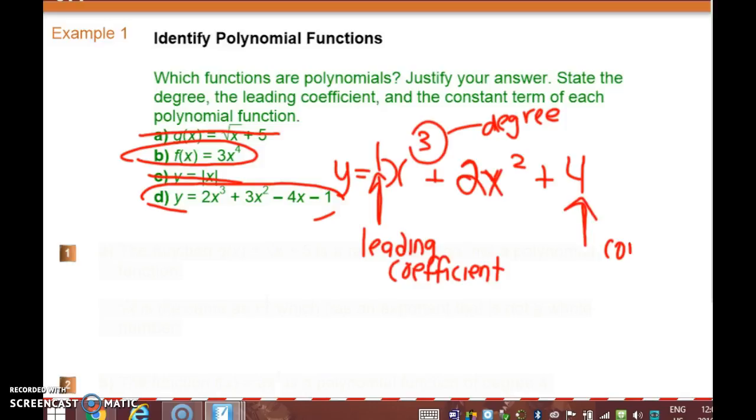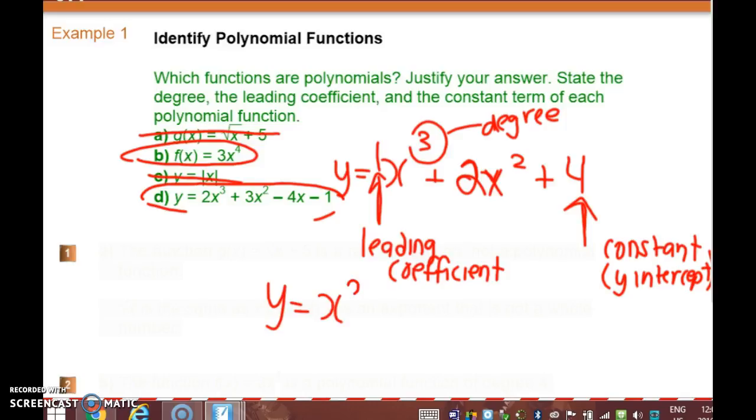This is the constant, and the constant of the equation is also the y-intercept, so that's where it's crossing on the y-axis. So we can pick these out of these polynomials. It's important that the leading coefficient is always with the highest degree.